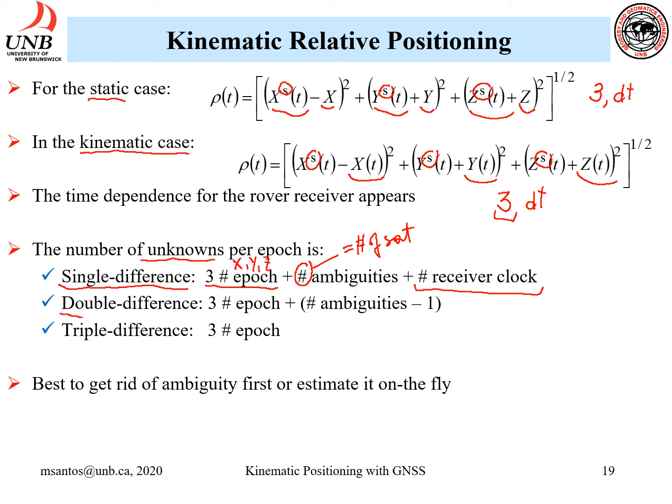If you do a double difference, what we have, again, is still the x, y, z components as unknowns. The receiver clock is eliminated, and we have number of ambiguities minus 1.